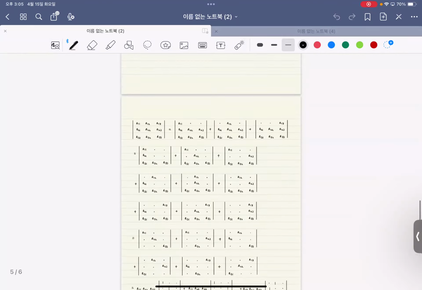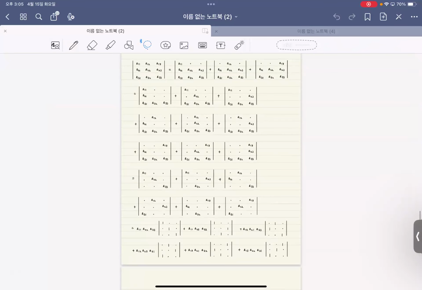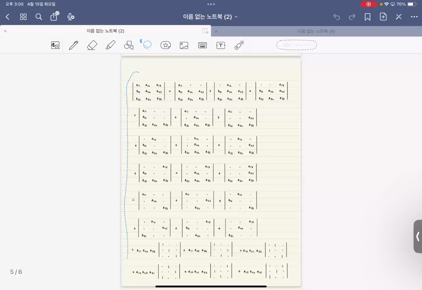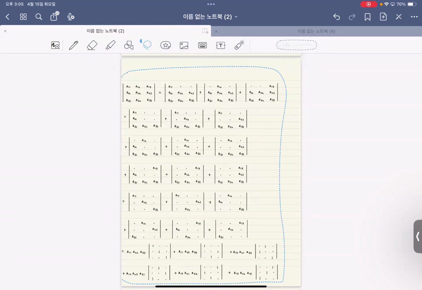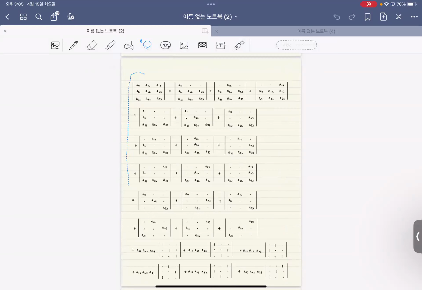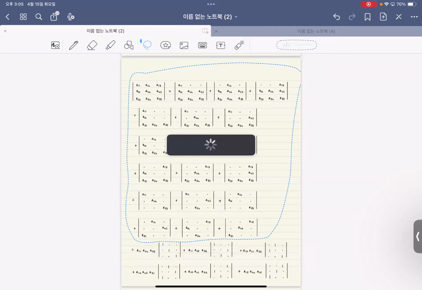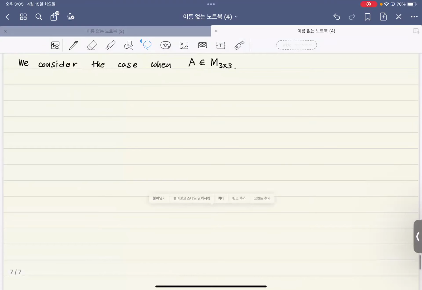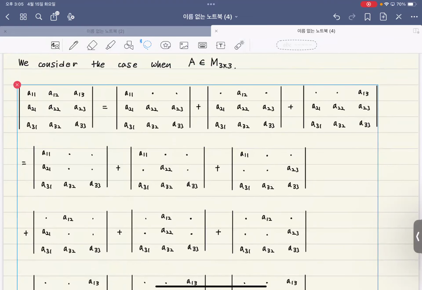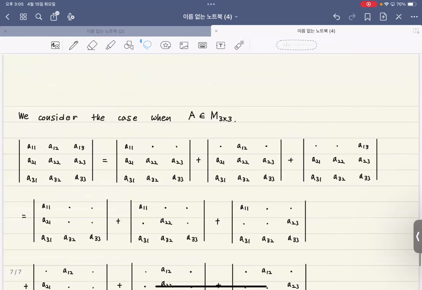This is going to be a little bit time consuming. For now, let me try to compute the determinant of this 3 by 3 matrix.